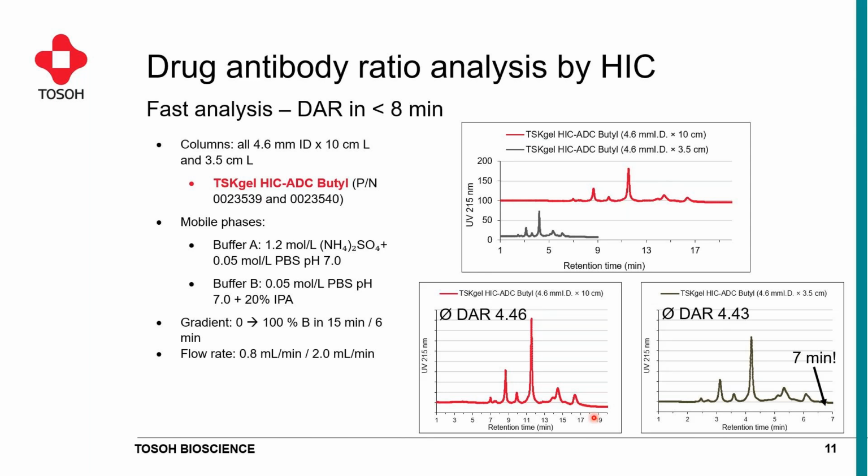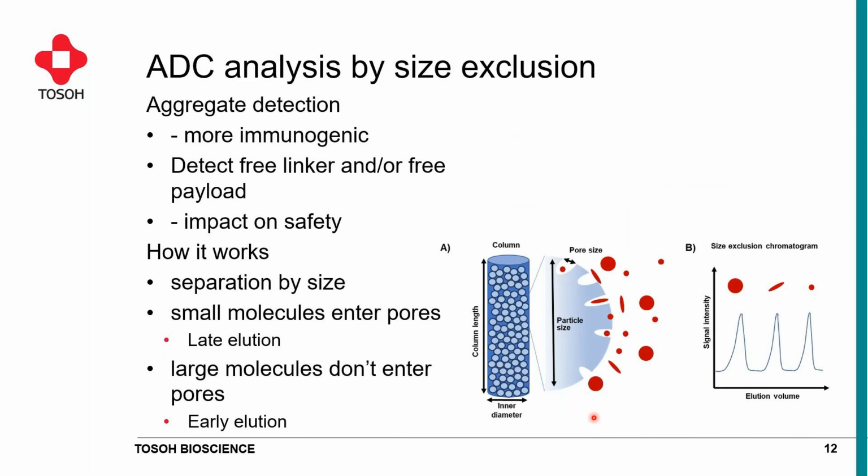Now, I would like to switch gears a little and look into size exclusion chromatography. Size exclusion chromatography, as the name says, separates by size. And what we will find in an ADC sample is, of course, our ADC. We may also find aggregates thereof.